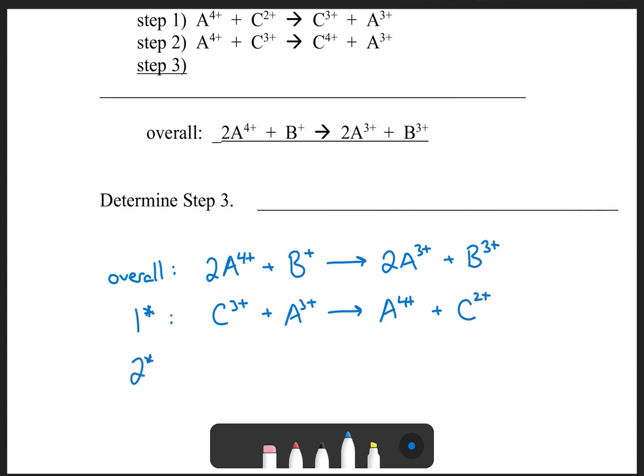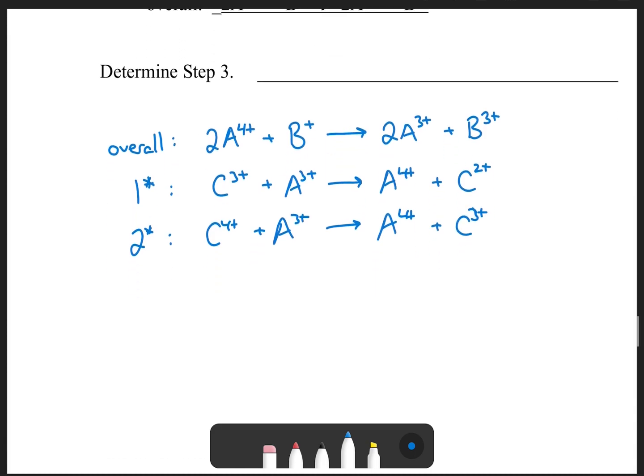And I'm also going to do the same with step number 2. We get C4 plus, A3 plus, A4 plus, and C3 plus.